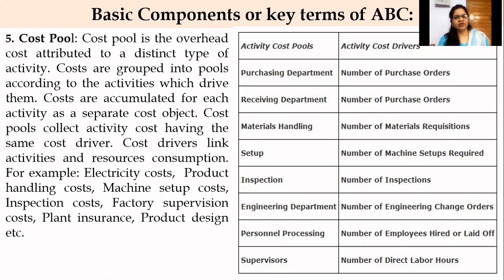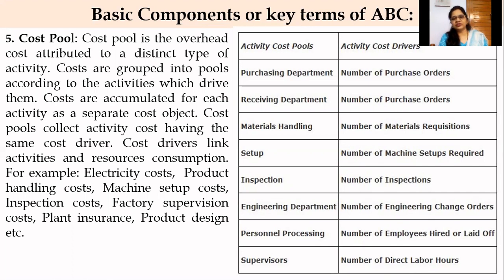So this cost pool collects the cost of such activities which fall under same cost drivers. So here you can see on the right side, cost pools and cost drivers. So for purchasing department, number of purchase orders is the cost driver.